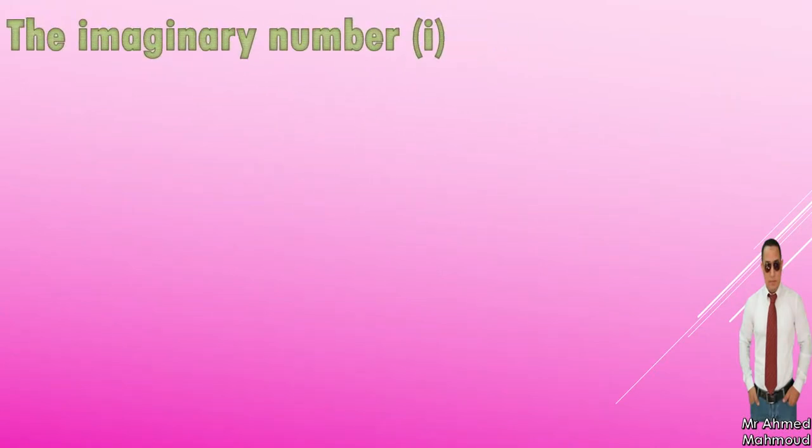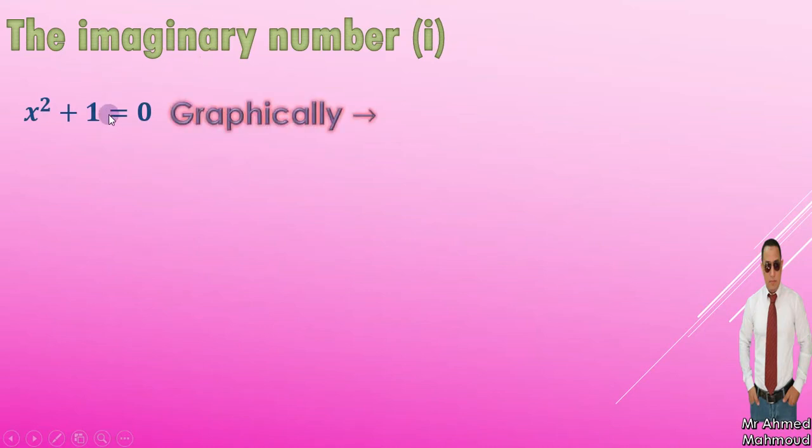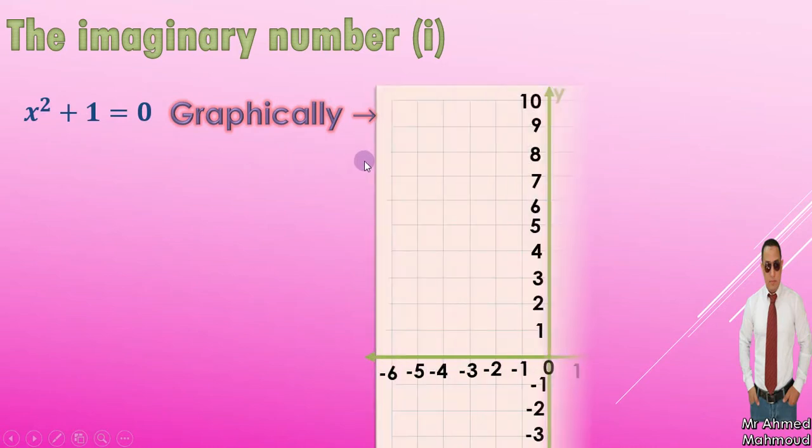First, we need to know the meaning of the imaginary numbers. For example, if we have an equation like this, x power of 2 plus 1 equals 0. If we need to solve this equation, we are going to send 1 to the other side as minus 1. But first I'm going to draw this graphically.